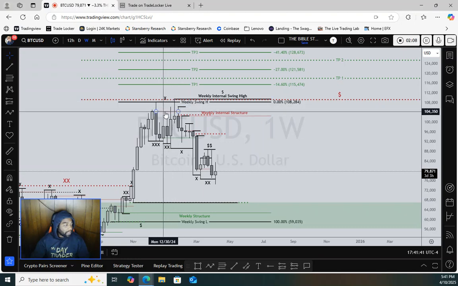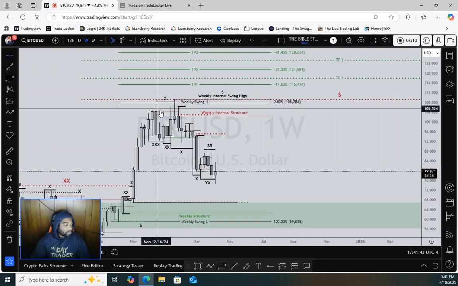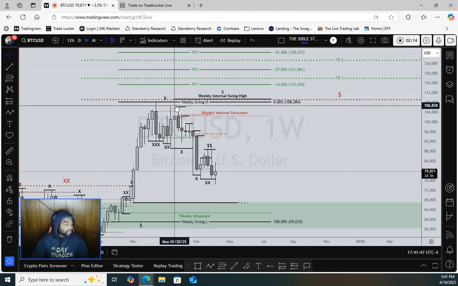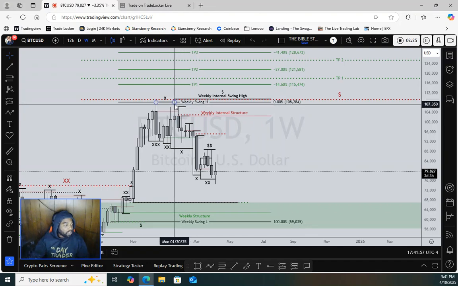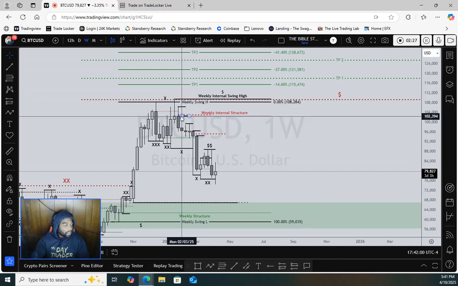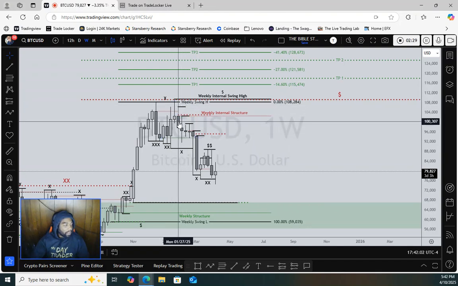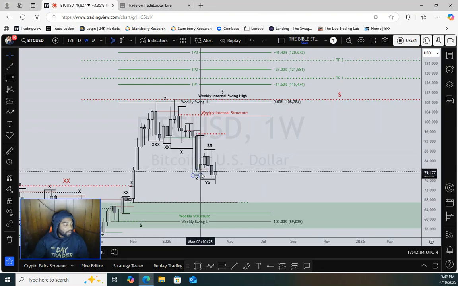Price coming into this level, respecting it, respecting these highs, respecting the structure of this bearish engulfing, giving us this what? Shooting star. You follow me? Price gave this shooting star, then followed by this bearish engulfing, giving us this sell-off here.